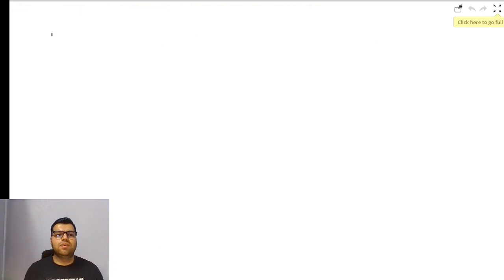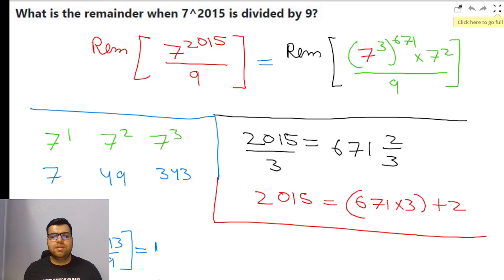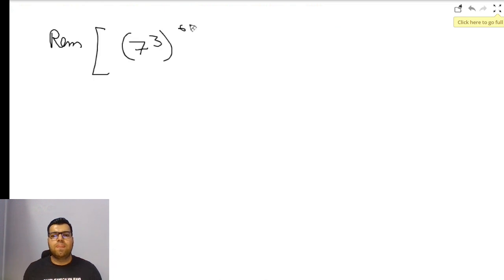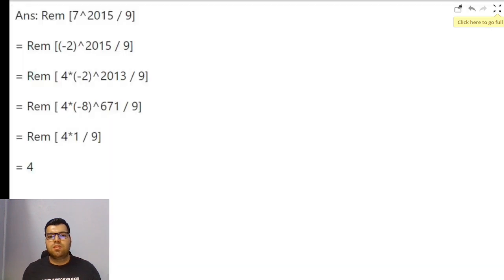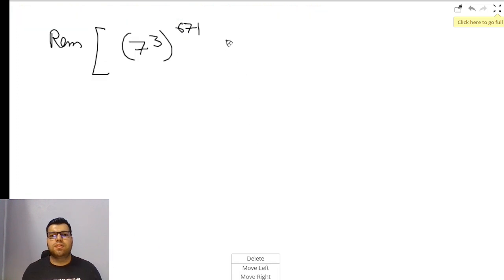So we are left with this thing: remainder of 7 to the power 3 raised to power 671, although it doesn't matter, into 7 square by 9.